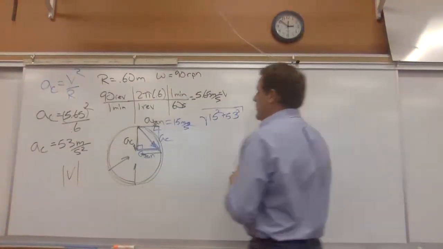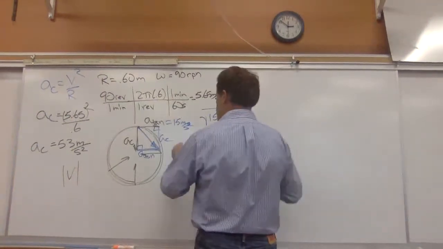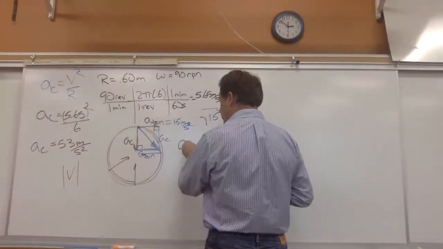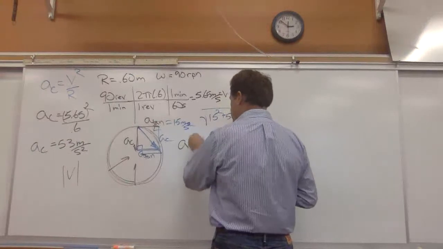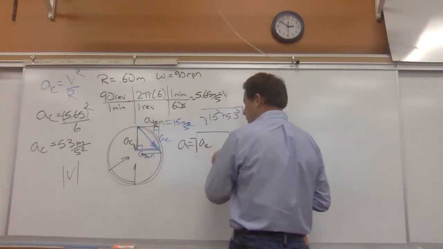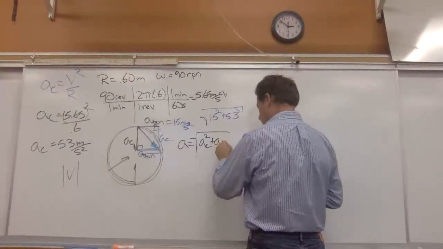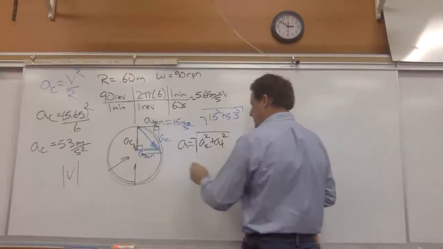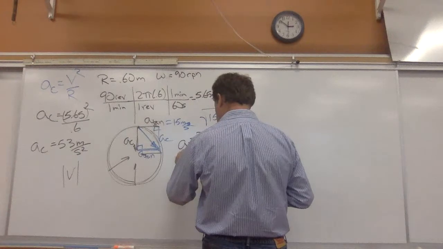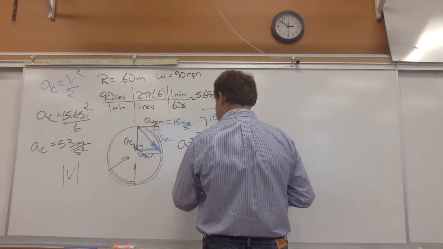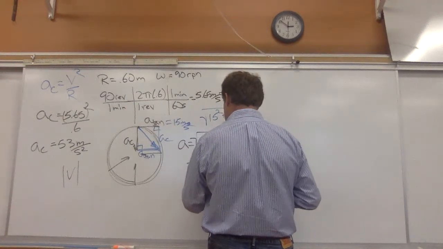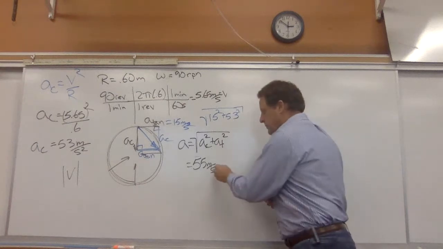So this overall acceleration, which is the square root of the centripetal acceleration squared plus the tangential acceleration squared, would equal, in this case, 55 meters per second squared.